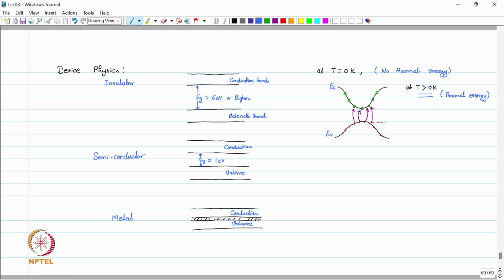When we have these electrons in the conduction band, now if we apply an external electric field, this is the case where these electrons are available in the conduction band, here, and the rest of the electrons are still in the valence band.